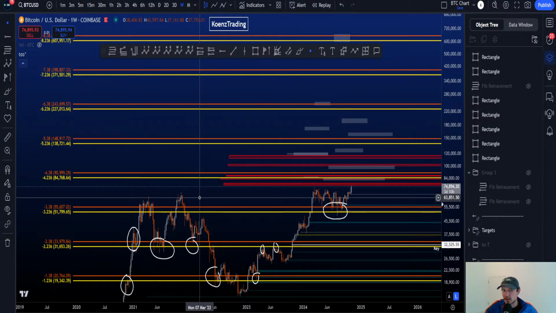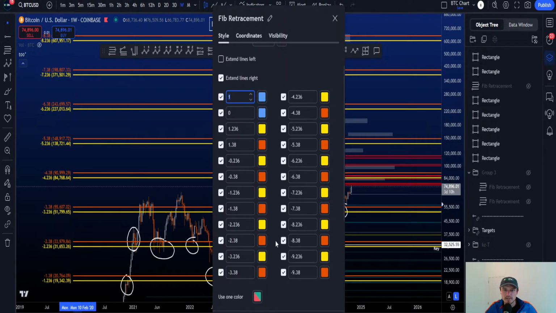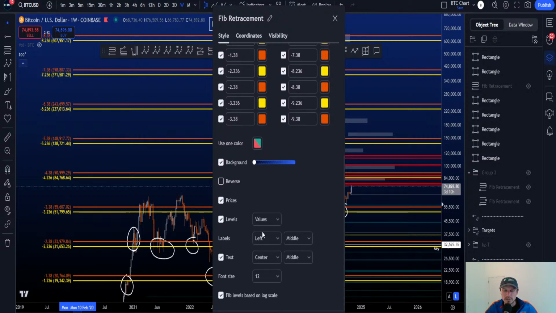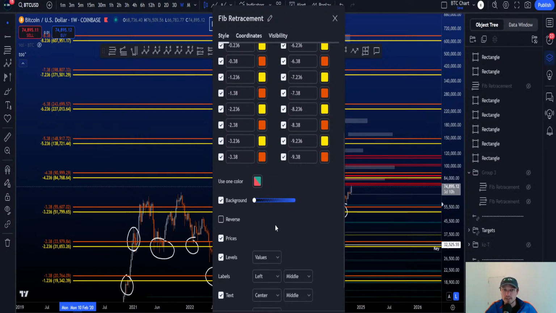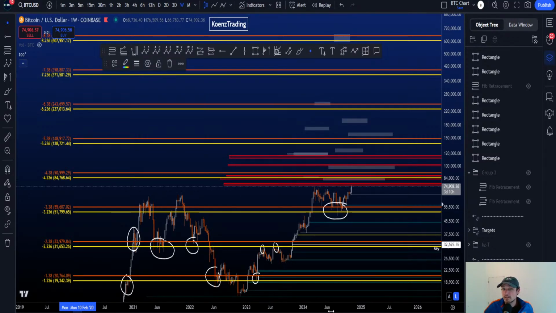But this is a pull that anyone can make. You can just make these fibs, right? Here's the settings. It's nothing special. I found this years ago, and if price is in price discovery, I just like to keep an eye on these levels. That's literally it, basically.